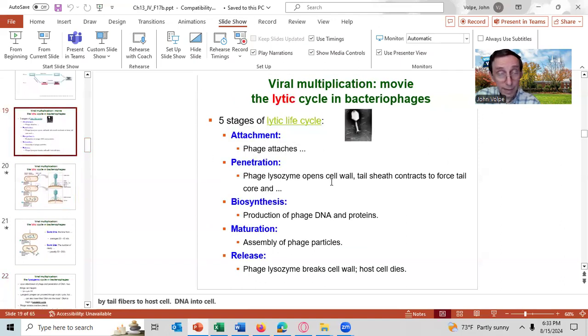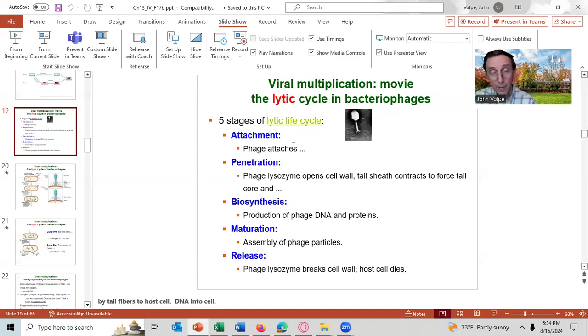So a lysogenic bacteriophage can follow the lysogenic life cycle, but it can also follow the lytic life cycle. A lytic life cycle virus, meaning a lytic virus, can only follow the lytic life cycle. But a lysogenic virus can follow both the lytic life cycle and the lysogenic life cycle.